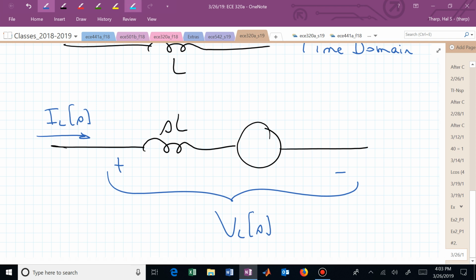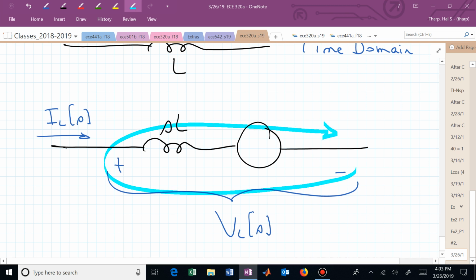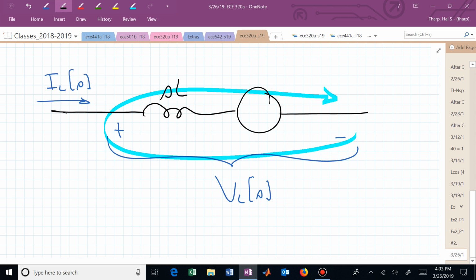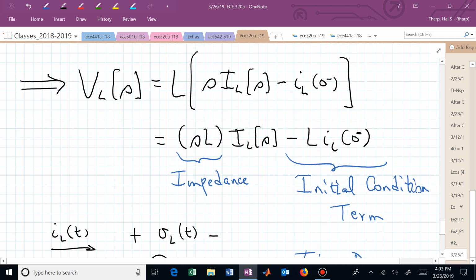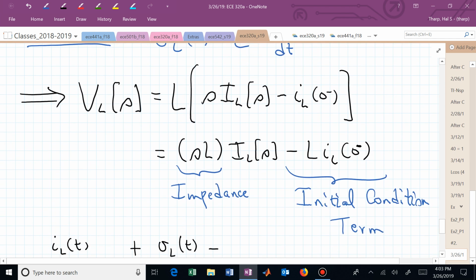And again, if I do the KVL around this, I could go this way, and I could say, oh, minus V sub L of S plus SL I sub L of S. And now what do I want to do? I now need to have a minus L times I sub L of 0 minus.